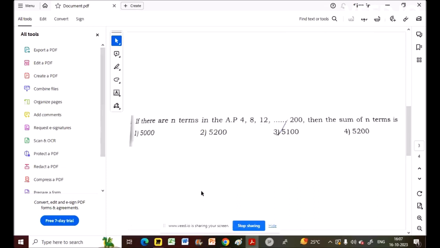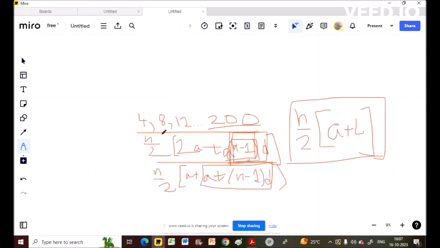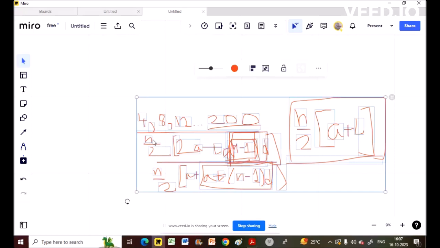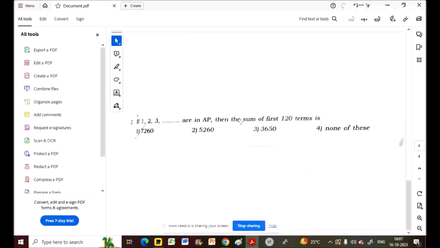I hope you understand. I took this problem for you so that you can understand the new concept, that is a plus l. So this question I'll compute for you. The arithmetic progression is 1, 2, 3 till 120.